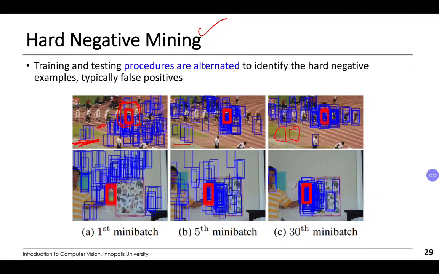The reason is that your tracker needs to find the object here, so if it predicts something here but it is wrong, then you have a lot of false positive examples.